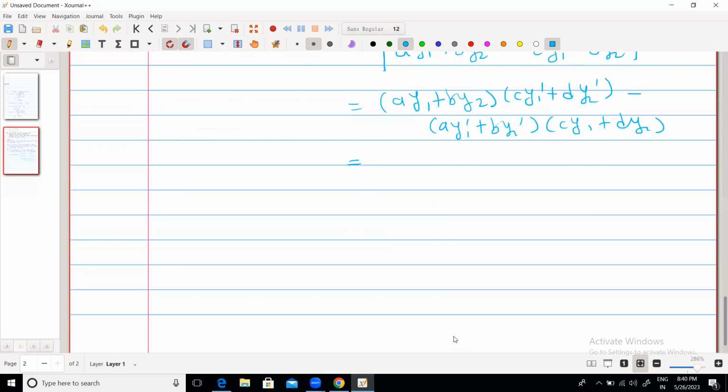Okay. So this is AC y1 y1 dash plus AD y1 y2 dash plus BC y2 y1 dash plus BD y2 y2 dash.